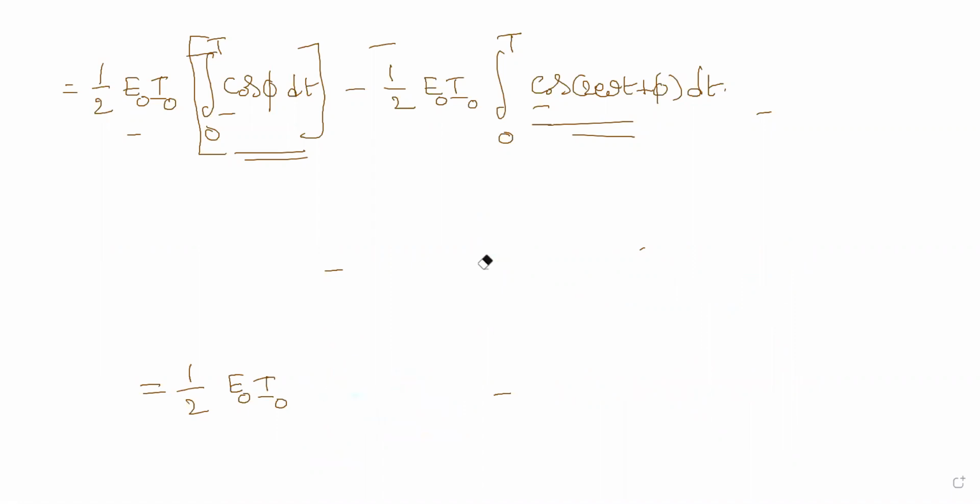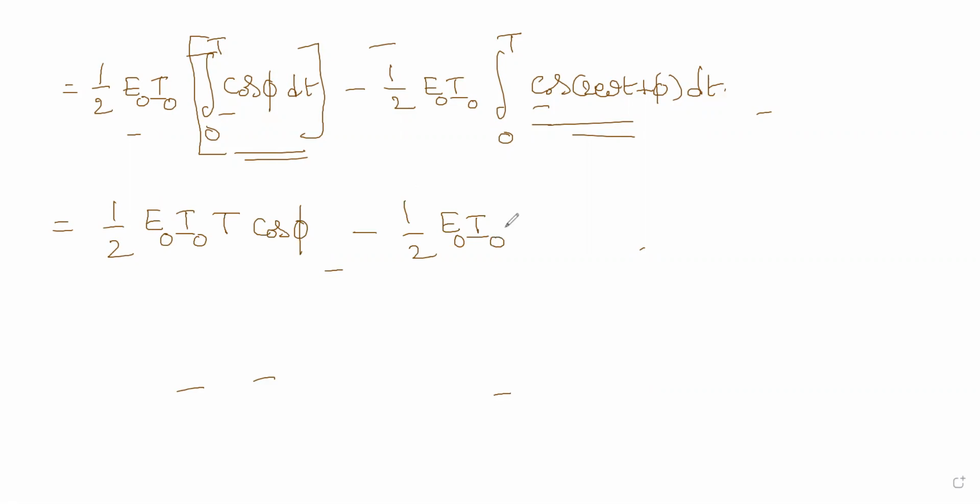Now, cos phi is a constant, so it will come out of the integral. So integral 0 to t becomes half E naught I naught into t cos phi. This is what you get here. And now minus half E naught I naught.